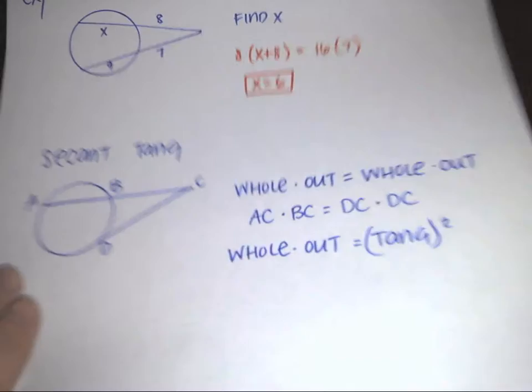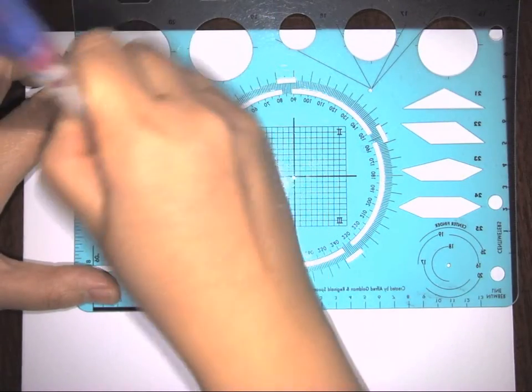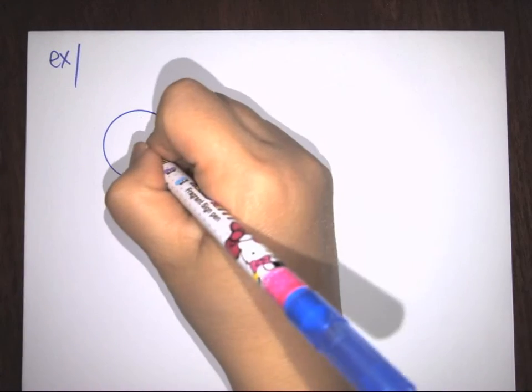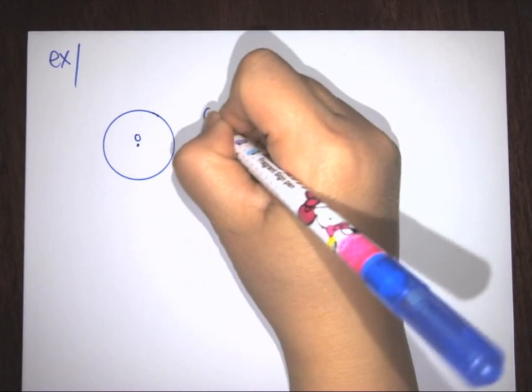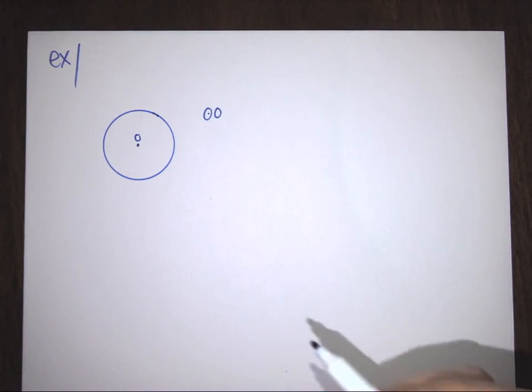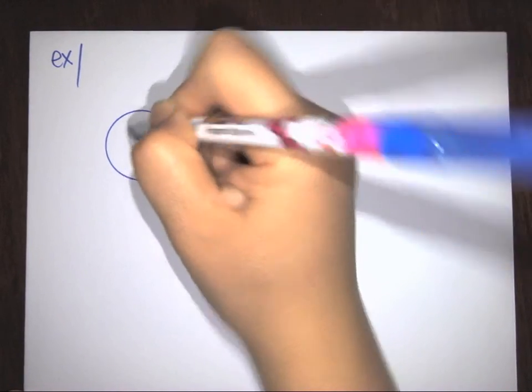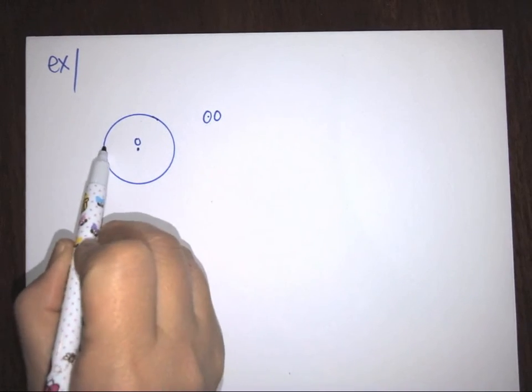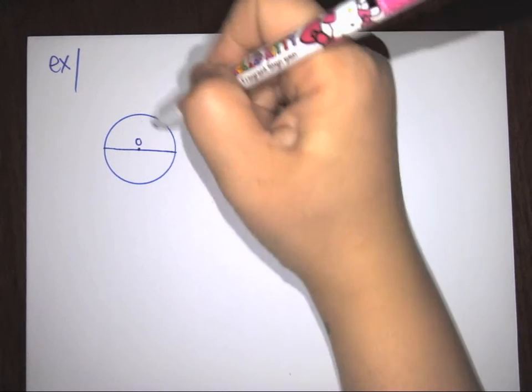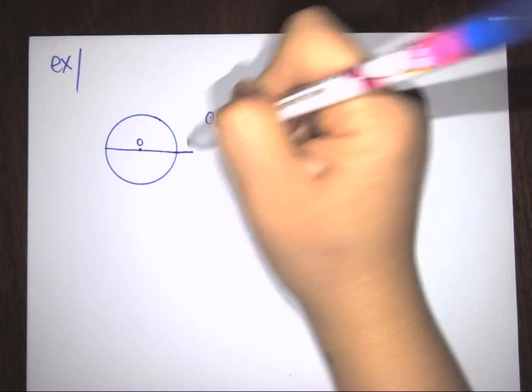So we'll do an example. We'll have our circle, and O, this is circle O, so that means this is the center. Let me draw it this way and bring this out a little bit more.